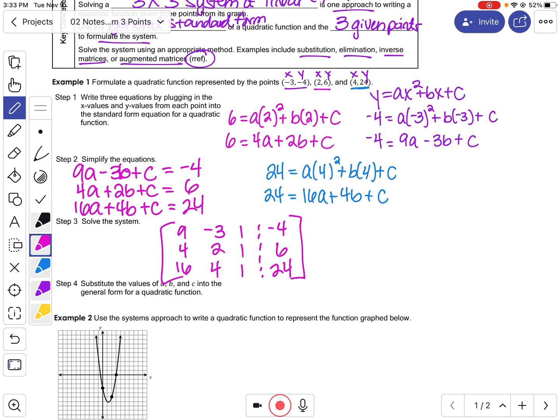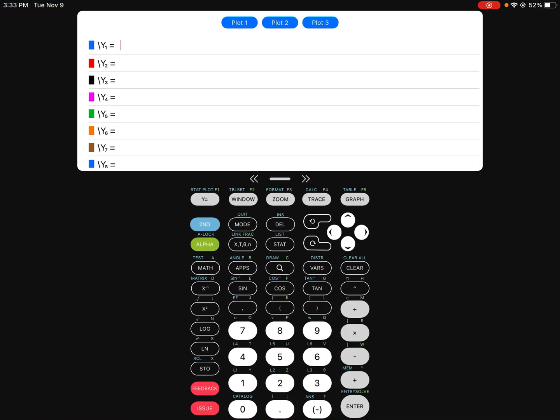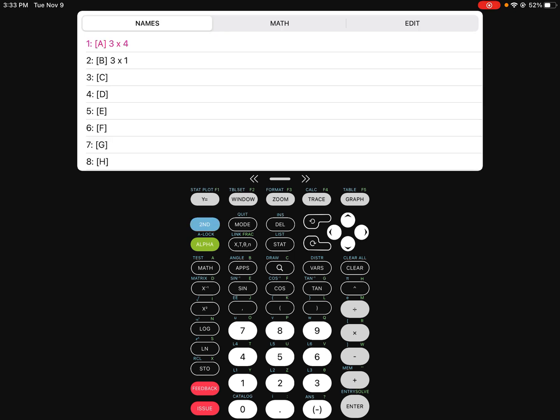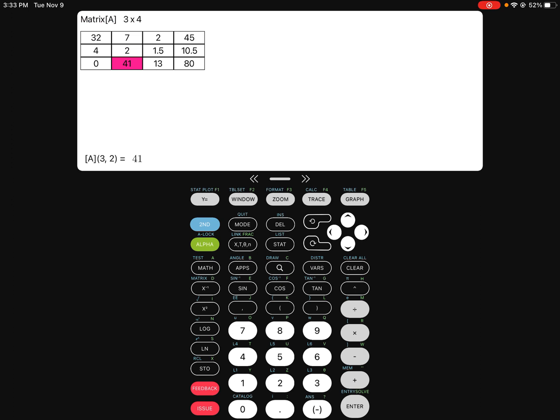So if you don't remember what to do for that, you're going to second matrix. I'm going to edit, I'll just edit A. It's a 3 by 4. So typing it in, I would have 9, -3, 1, -4, 4, 2, 1, 6, 16, 4, 1, 24.